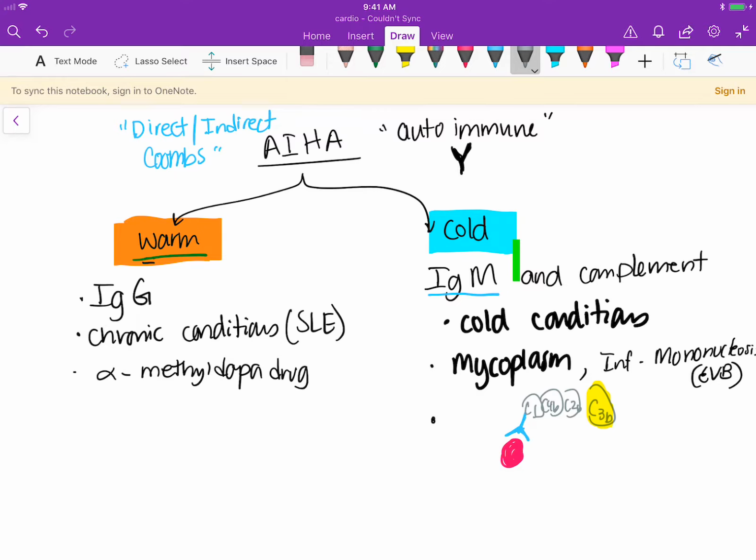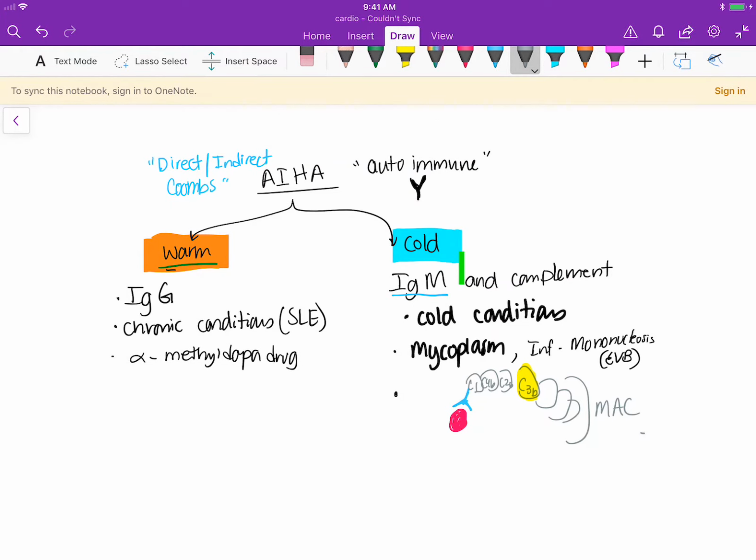Then you have a whole bunch of other factors and you form the MAC. Red blood cells will inactivate the MAC complex. How are they going to inactivate it?